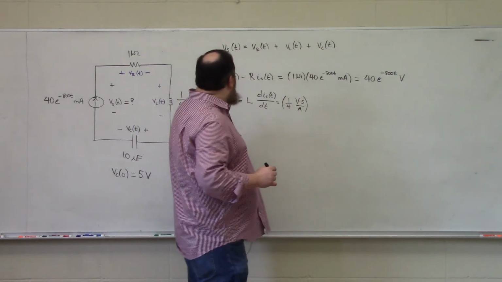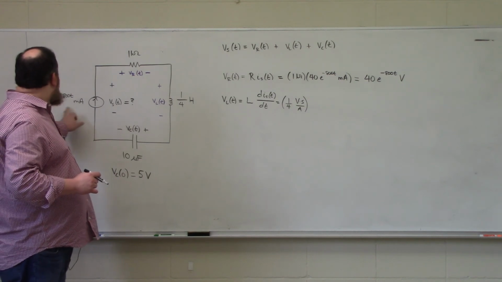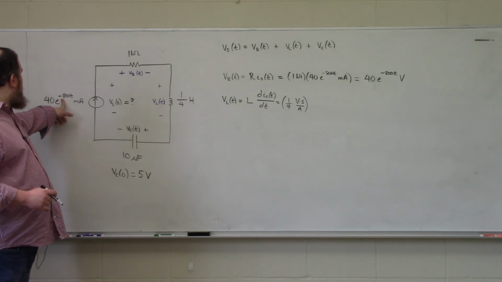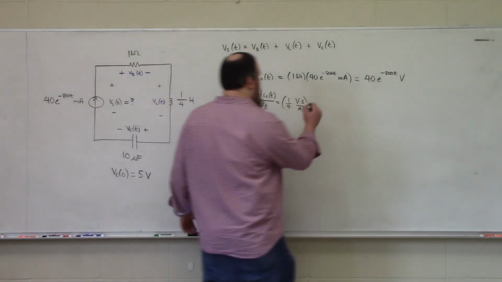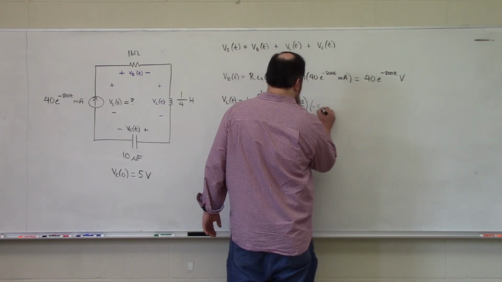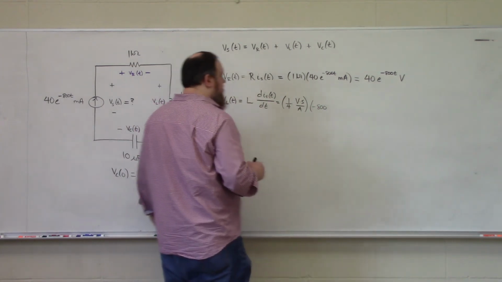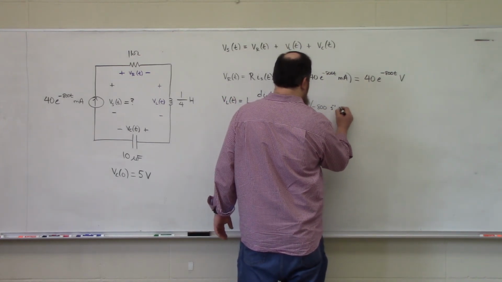When we take the derivative of this 40 e to the minus 800 t milliamp guy, with the derivative of an exponential function, we're going to take this negative 800 down. So that's going to be negative 800. And it has units of per seconds because it's multiplied by time. So I'm going to put seconds to the negative 1.